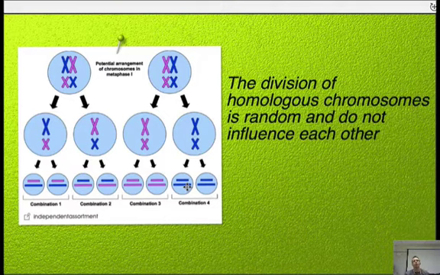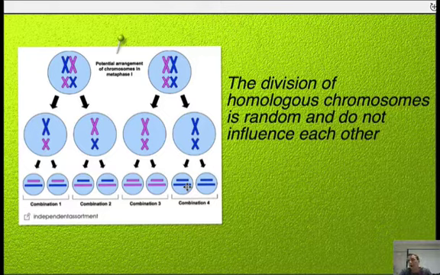We'll get into Punnett squares, and we'll talk about how you can have blue eyes, or how you may end up with brown eyes, depending on what your parents' genes are. But the law of independent assortment says that it's at random. One gene does not influence another gene.